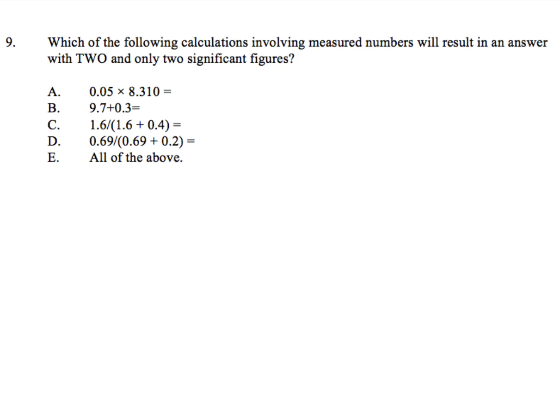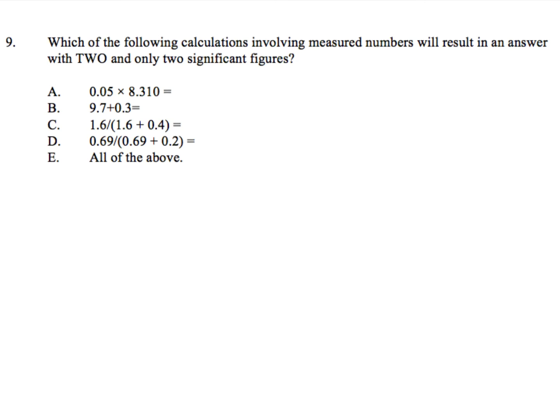Okay, so let's walk through that one. It's a little bit of a tricky one. So the best way to do these is by doing the calculations, especially when it involves multiple steps. So it wants to know which of the following, they're all measured numbers, contains 2 significant figures in the answer.